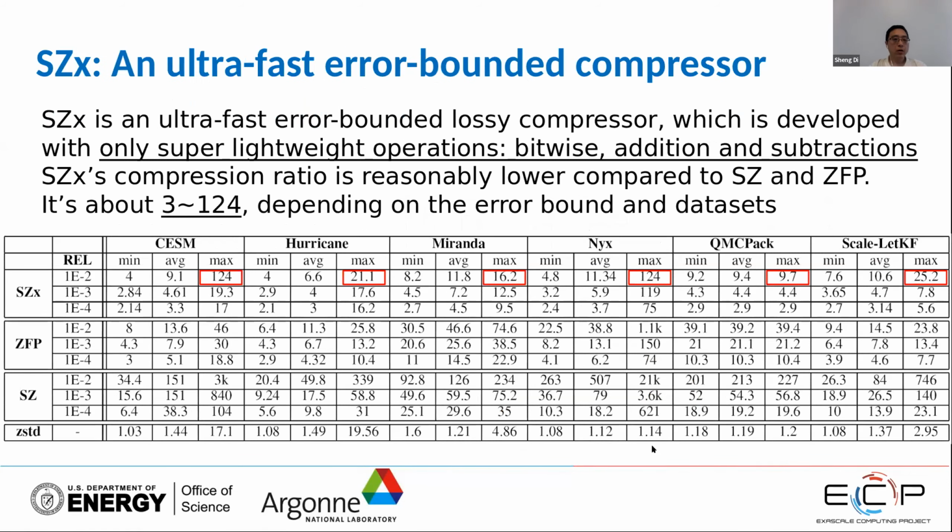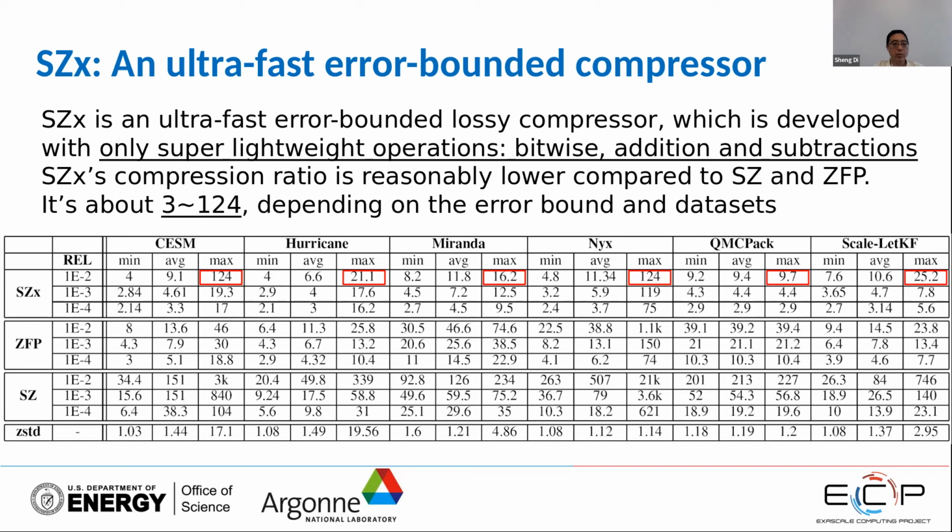Okay, so in addition to SZ3, we also developed an ultra-fast error-bounded compressor, which is called SZx. SZx is very fast, especially because of its super lightweight operations. For example, it is just composed of bitwise addition and subtraction operations.